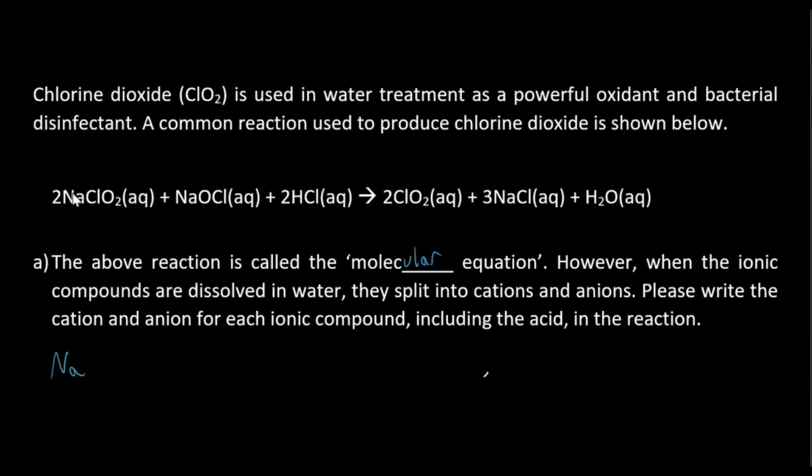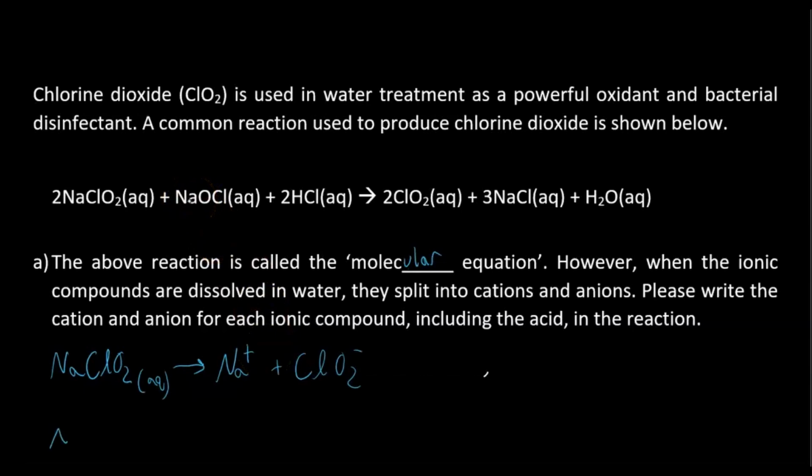So maybe I'll write the whole molecule here. NaClO2, dissolved in water, which is aqueous, becomes Na+ and ClO2-, chlorite. So this is the cation, and this is the anion, because it's negatively charged for the anion and positively charged for the cation. Now this one here, we have another sodium.